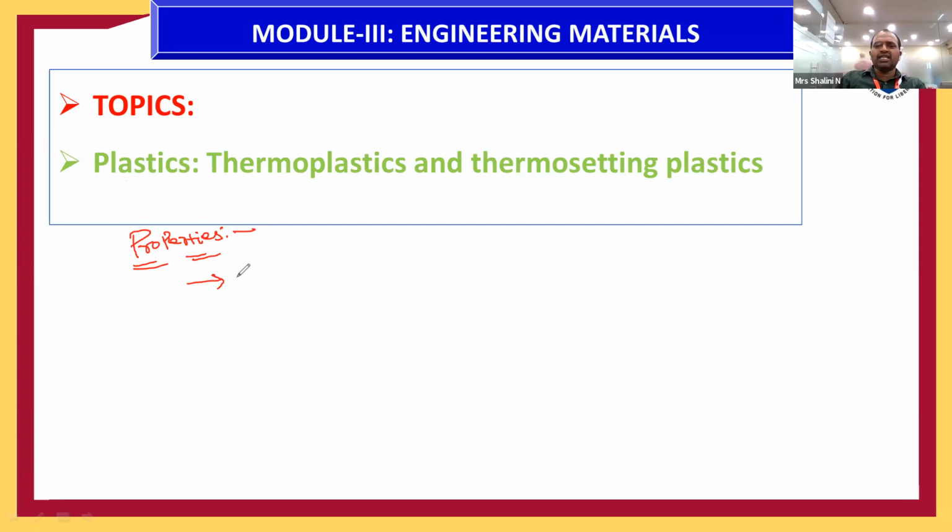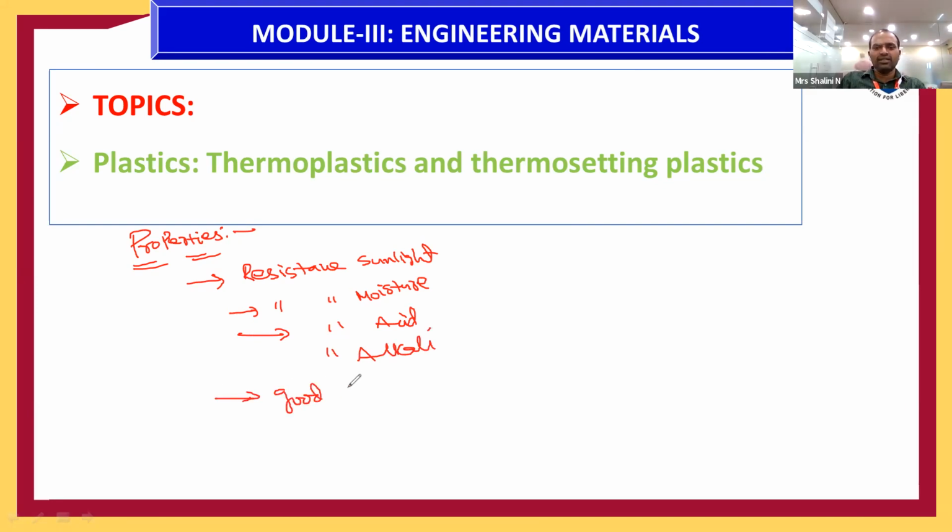Any plastic you see has resistance to sunlight, resistance to moisture, resistance to acid and resistance to alkali, good electrical insulating properties, and good mechanical properties.